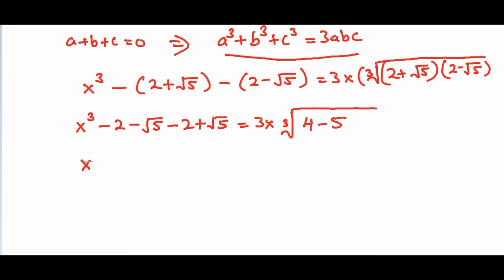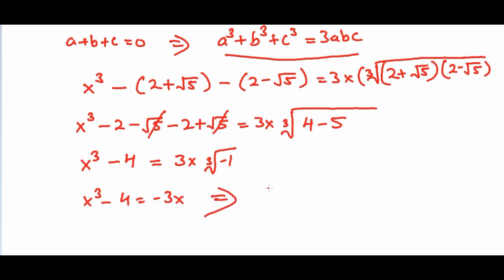If we cancel this, we are going to get negative of 4. So this side is going to be cube root of negative 1, and it's negative 1 itself. So we can write negative of 3x, and bringing all the things together on one side will lead us to x cube plus 3x minus 4 equal to 0.